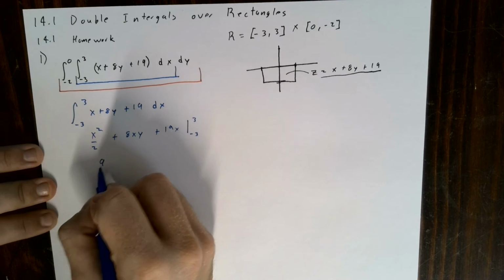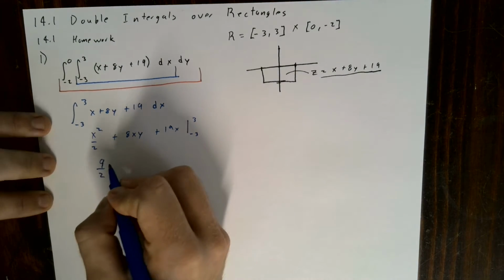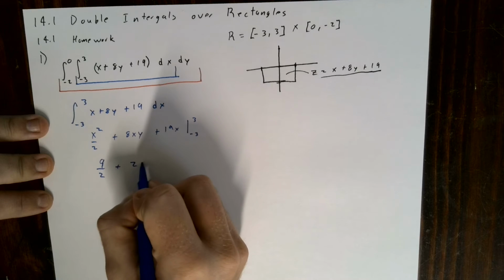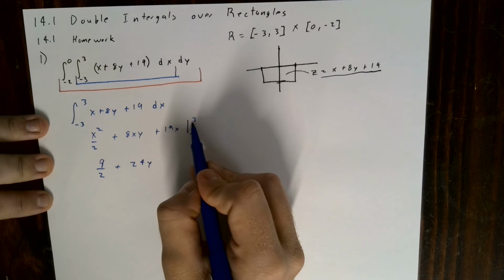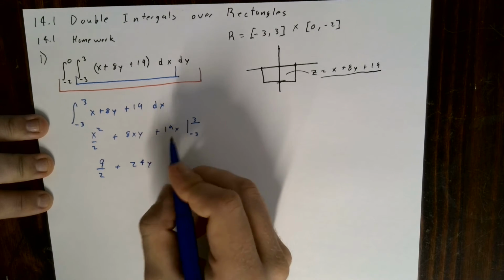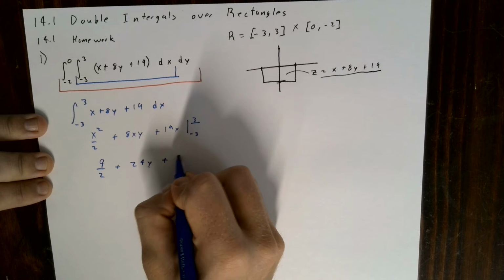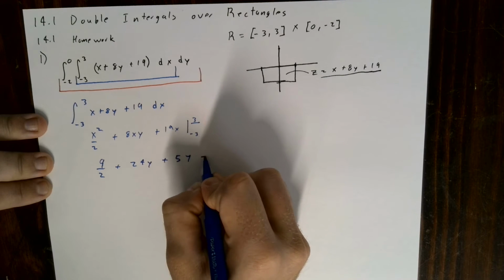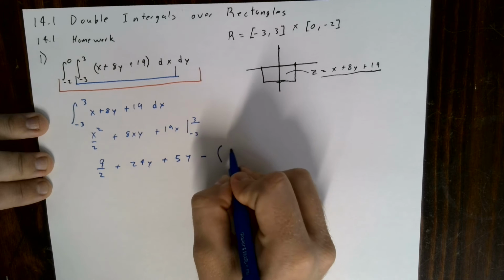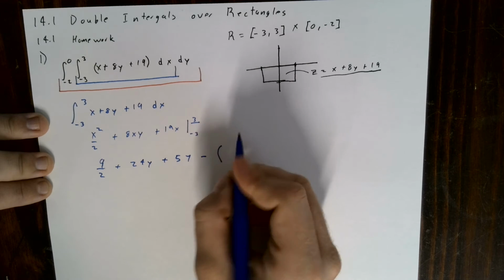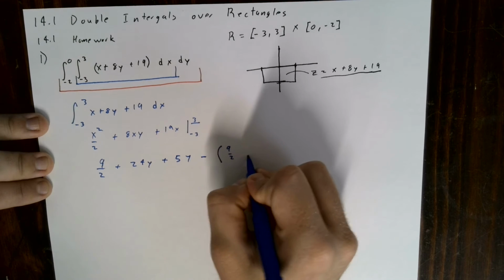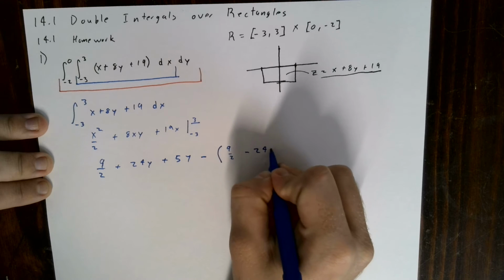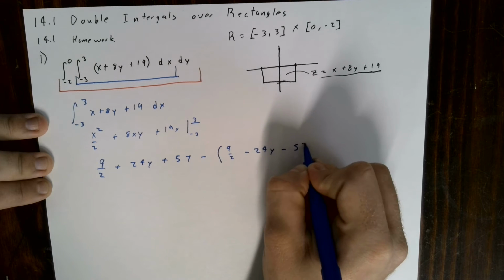We get 9 over 2 plus 24y, and I'm plugging in my 3 here, plus 57, minus, and since this is squared, this -3 is actually going to be 9 over 2 again, minus 24y minus 57.